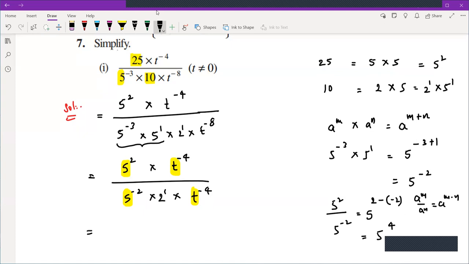So the same thing I'm going to write here: 5 to the power of 2 minus of minus 2, into, I'll use the same formula here for t also. T power, this is minus 8, sorry, this is minus 4. What about this value? It's in the form of a power m by a power n, right? So t power minus 4.